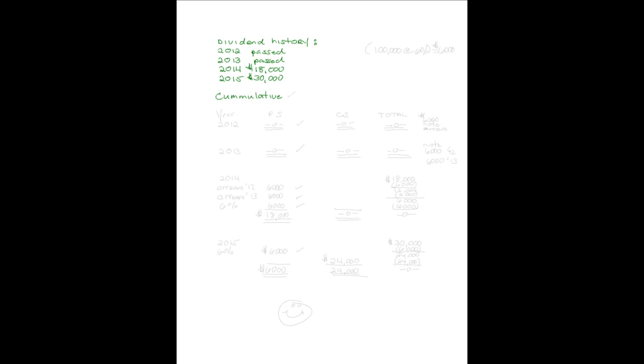And remember, we had $100,000 of preferred stock at 6%, so our dividend is equal to $6,000, and it was based on the balance in the preferred stock account.